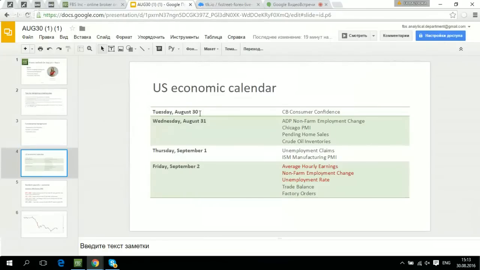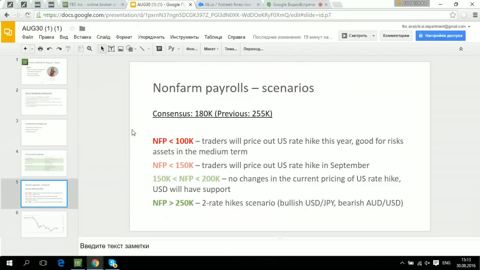So what are the scenarios for NFP? I think this is the question which interests us most. I have outlined some scenarios of the possible outcome and its impact on the market sentiment about the federal funds rate and the US dollar.